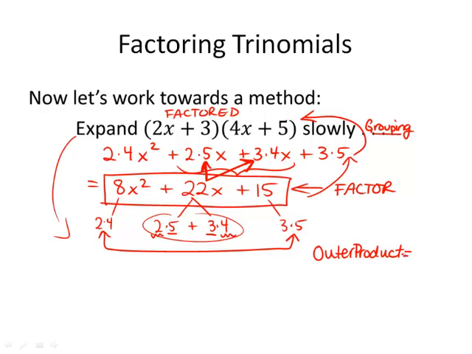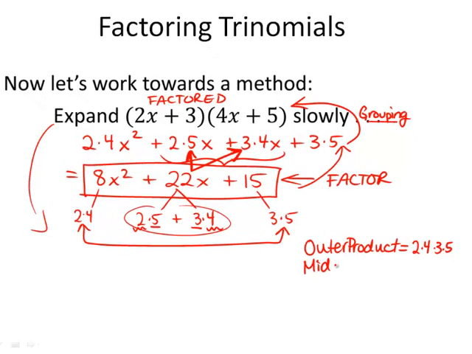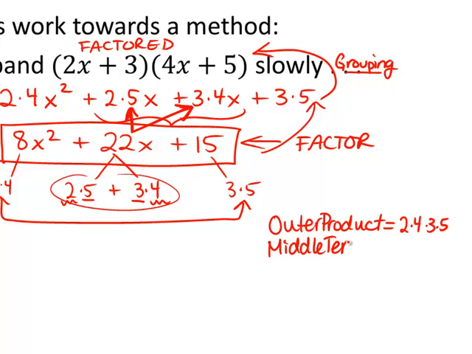The outer product would be 8 times 15. And I'm just going to write that as 2 times 4 times 3 times 5 because that's how that is formed. The middle term is 2 times 5 plus 3 times 4, which is taken from components of the outer product.